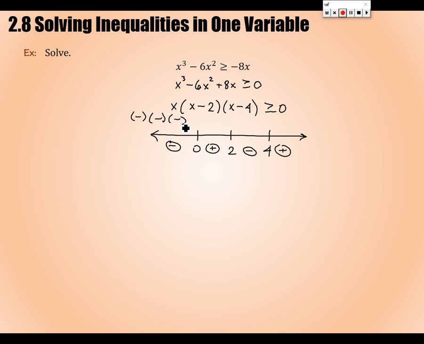If you plug in something between 0 and 2, like say x equals 1, you'll get something positive, something negative, something negative. That gives you something positive. In here, if you plug in like 3, you get something positive, positive, and then something negative, which does give you a negative. And if you plug in a number bigger than 4, like a million, you'll get a y value that's positive times a positive times a positive, which is a positive.